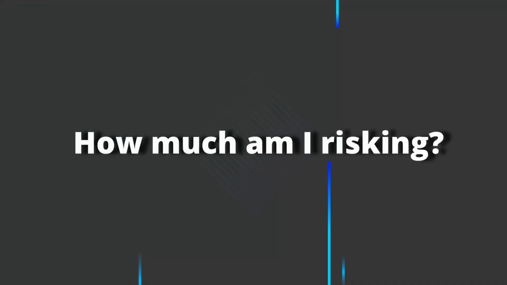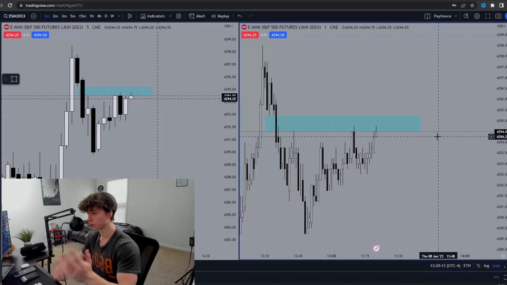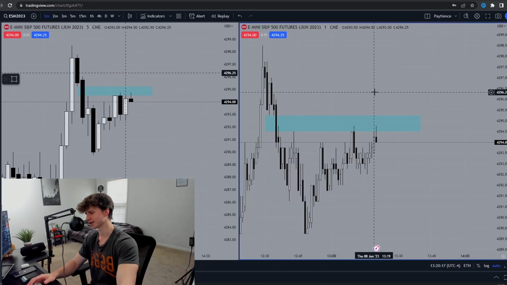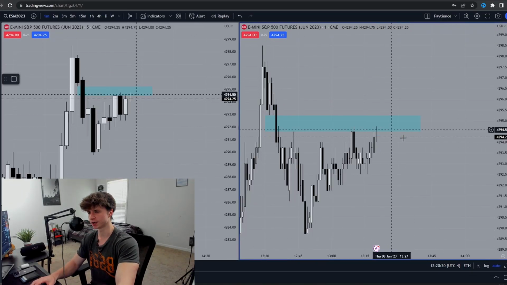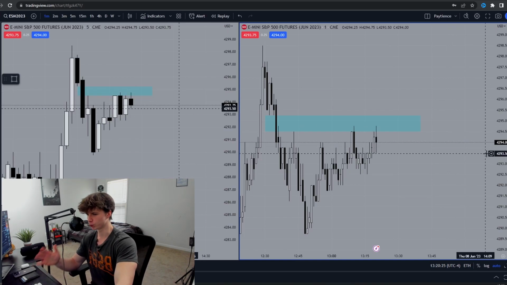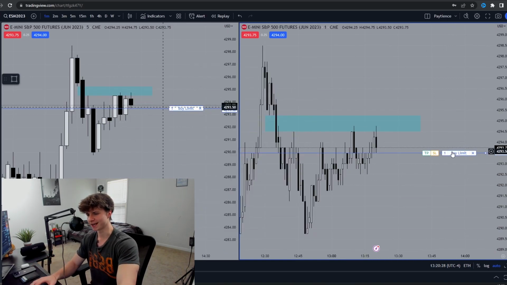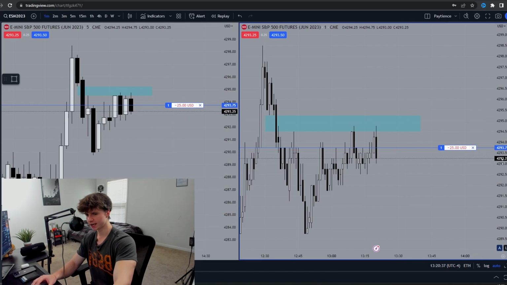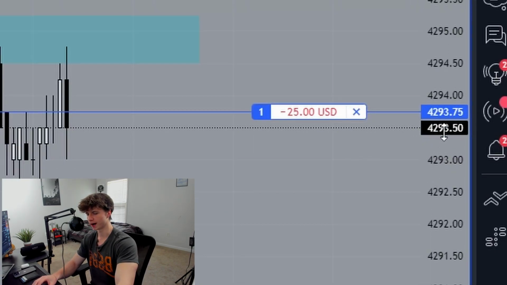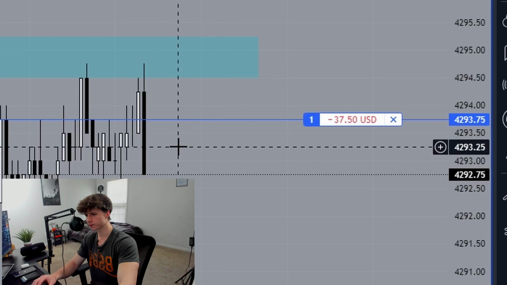Now you may ask, how much am I actually putting in per contract to buy or sell these things? Well, you're not actually putting any money in. This may be super confusing to some people, but let's say I want to buy right here. You see how these numbers in the corner move by 25 cents? Each little move is 25 cents.